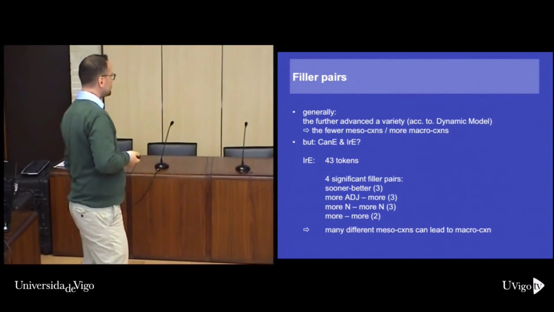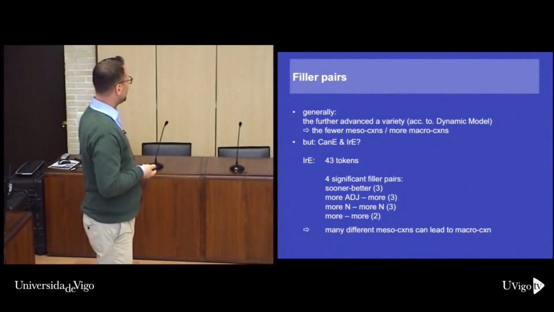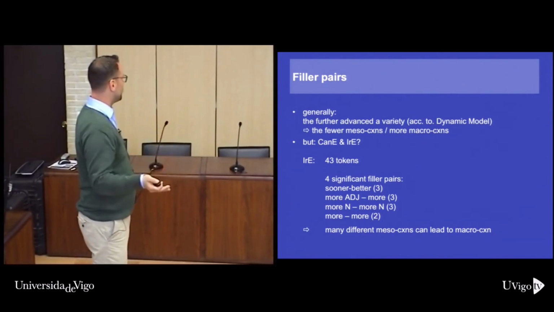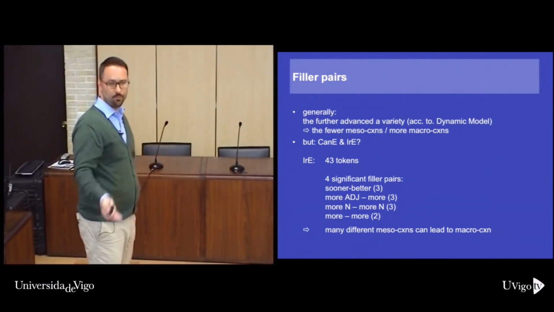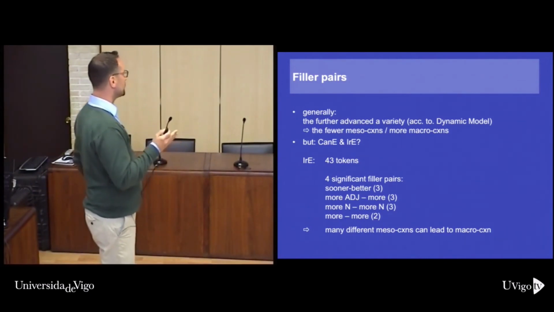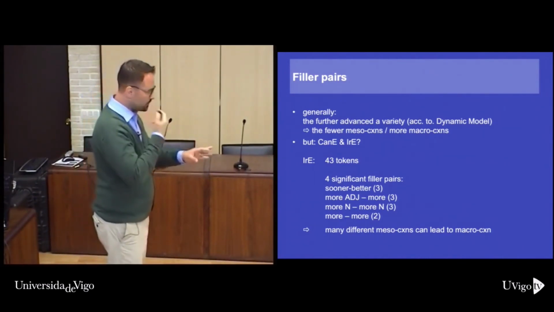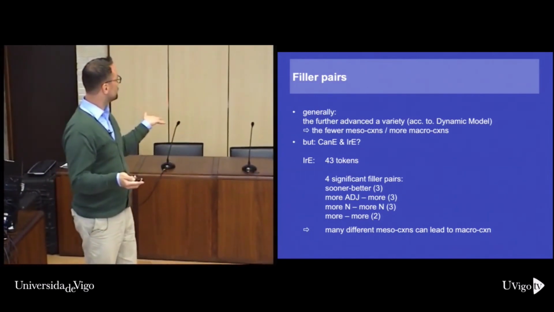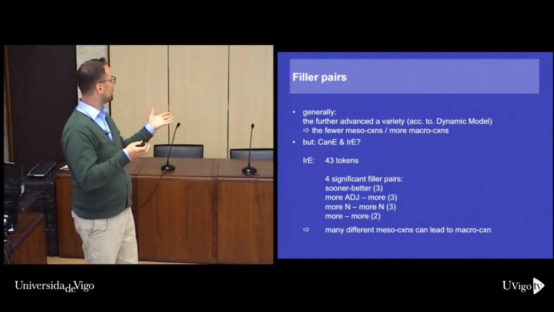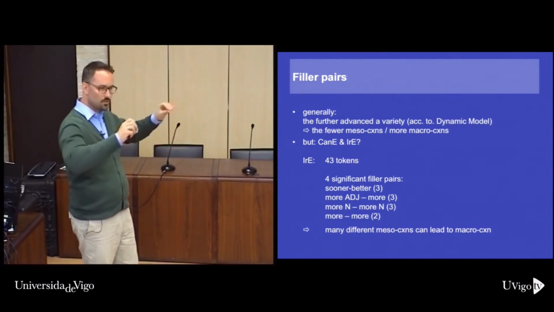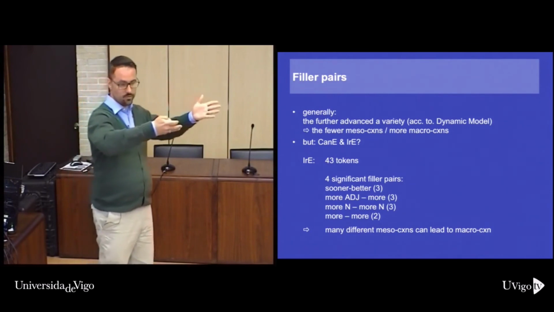So yes, we see that there are more mesoconstructions, but at least they're evenly spread out amongst different types of mesoconstructions. So maybe this is one at an intermediate stage. That was my tentative conclusion, that in order to get to a macro construction, you obviously need many different mesoconstructions. And this stage 5 variety is still exhibiting that you get many different mesoconstructions at the level which allows you then to generalize.